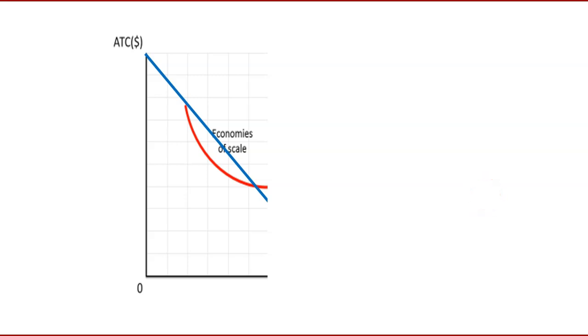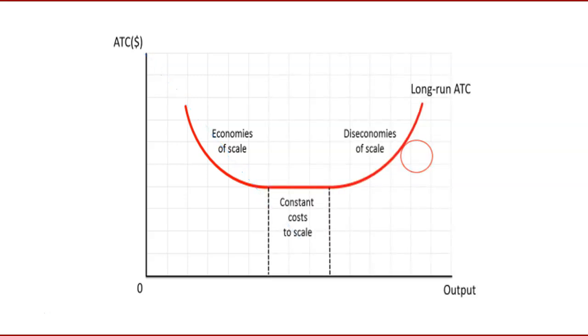In this case, if this were a real-world case, when we were to look at the data for the firm, we would see economies of scale, only economies of scale over the range of the demand curve that's relevant. But it's also possible that demand might be higher than that.